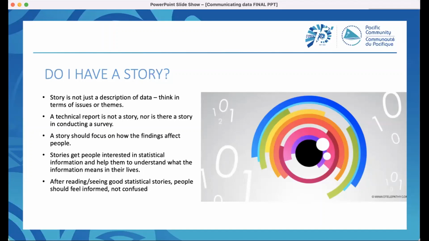Again, that is the context. Stories get people interested in statistical information and help us to understand, again, what that information means in their lives. And after reading a good statistical or data story, people should feel informed, not confused.